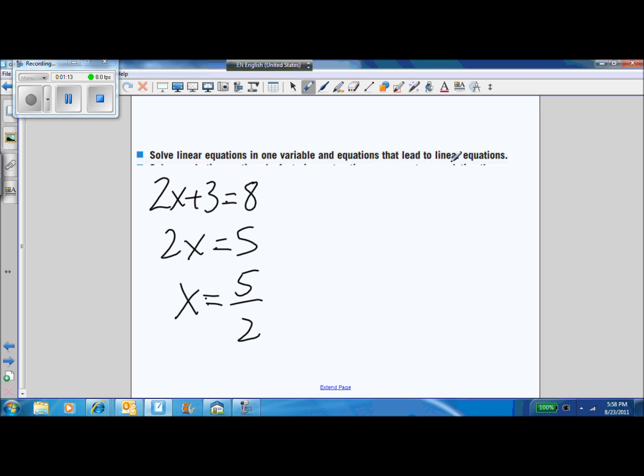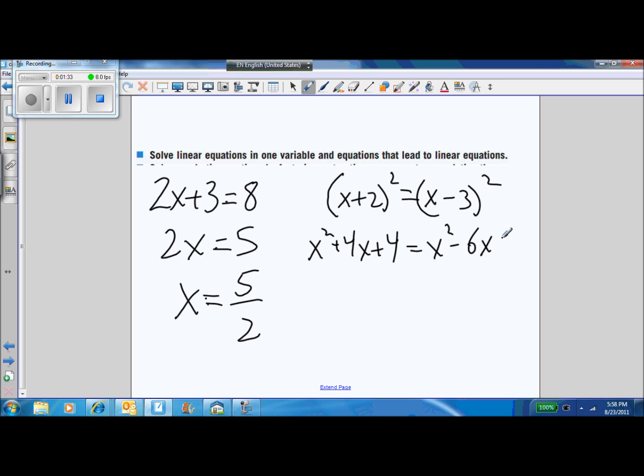But an equation that leads to linear equations might look like a quadratic, like (x plus 2) squared equals (x minus 3) squared. Well, when you expand this, you get x squared plus 4x plus 4 equals x squared minus 6x plus 9.